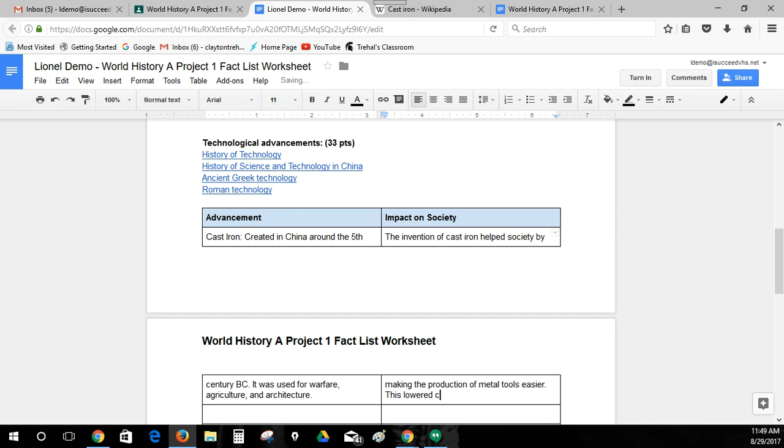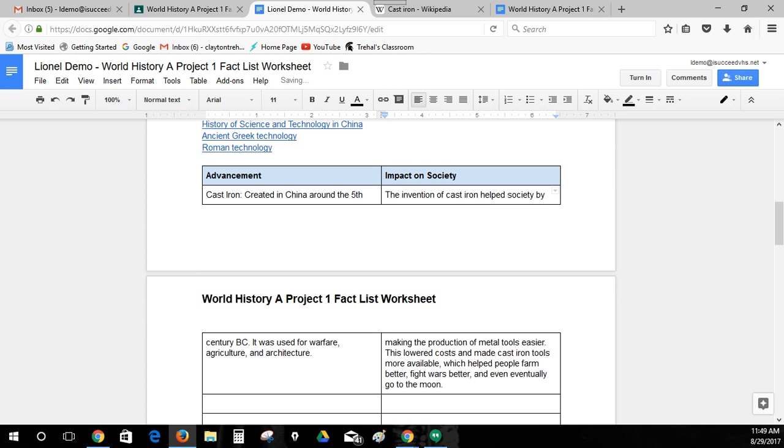This lowered costs and made cast iron tools more available, which helped people farm better, fight wars better, and even eventually go to the moon. I don't know, whatever.